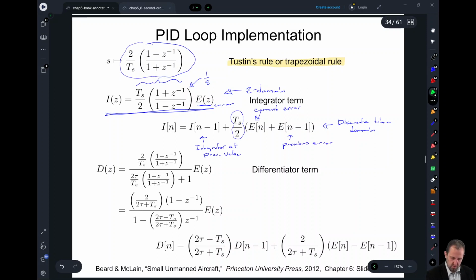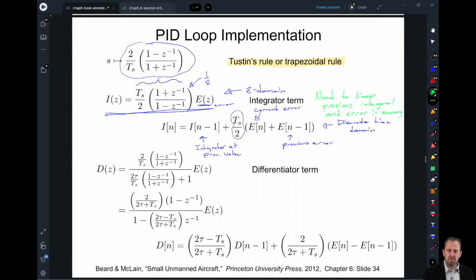One thing to note is that we need to keep the previous integral and error in memory. So we keep the previous integral and the error value, these two values.